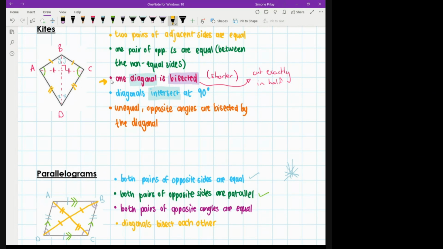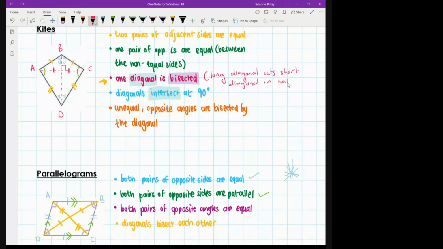So that is this property that one diagonal is bisected. And let's add something in here. Let's say my long diagonal cuts the short diagonal in half.